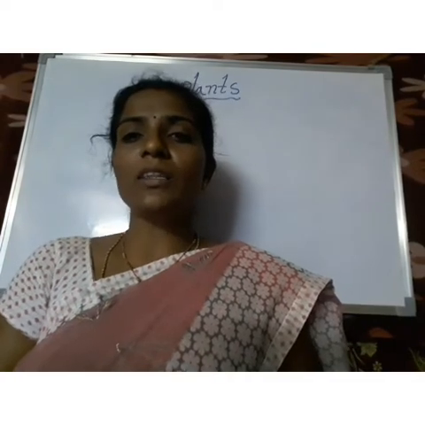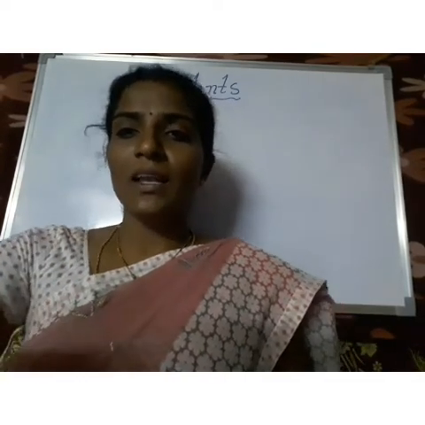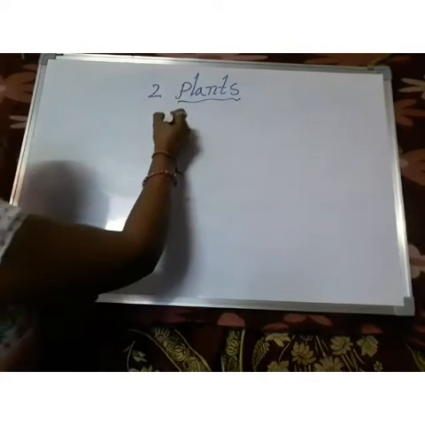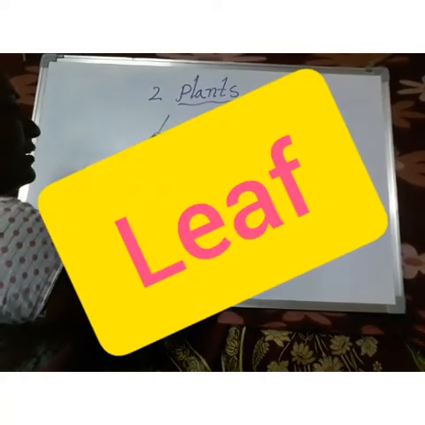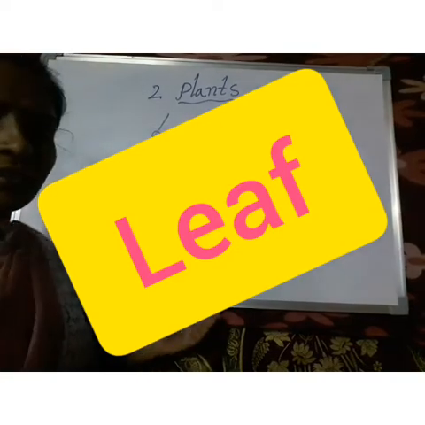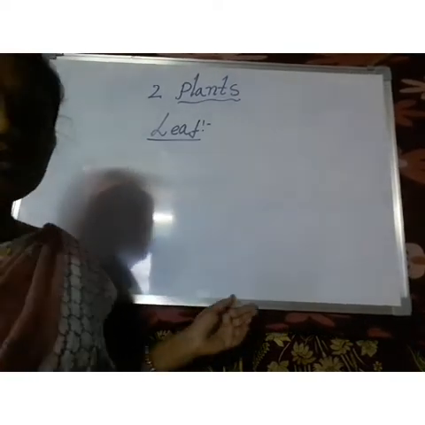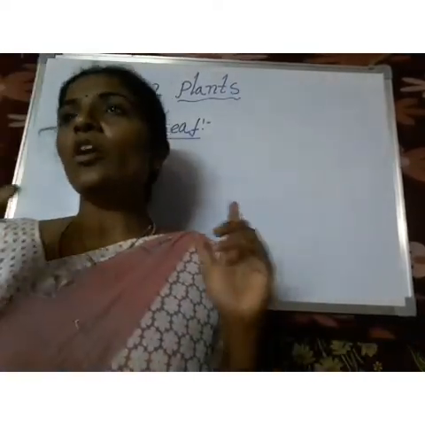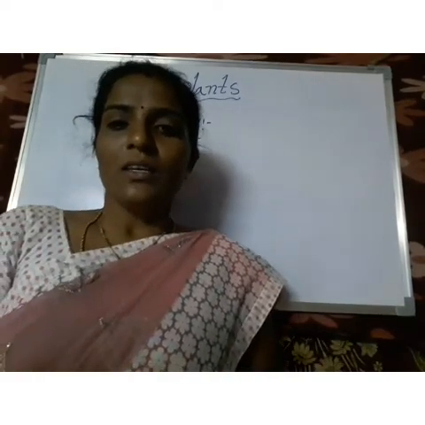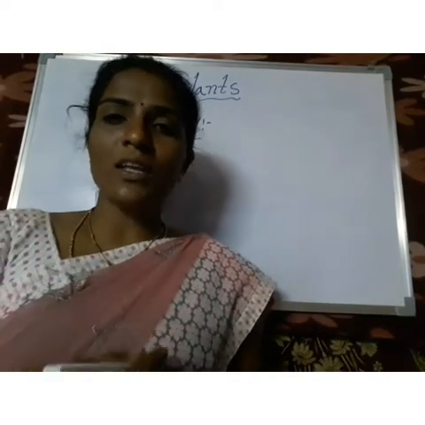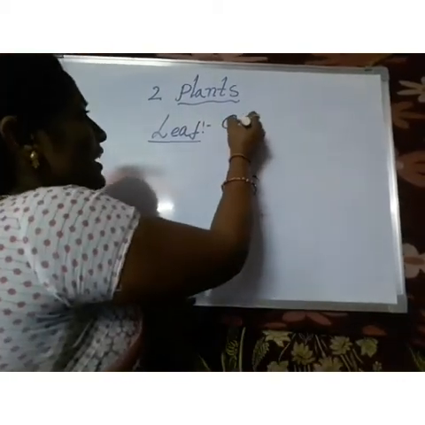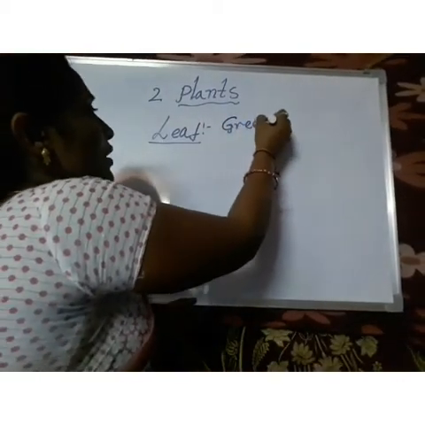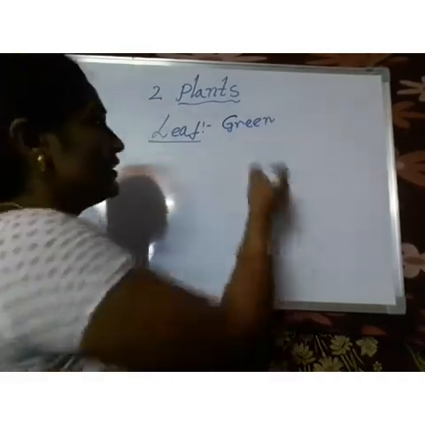And coming to the third basic part, the leaf. Do you know, children, how the leaves are? Look around your surroundings. All the plants' leaves are green in color.